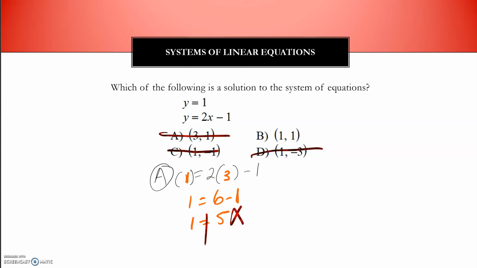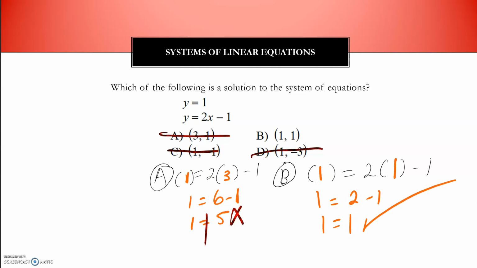Now, I think B is the answer, but I do need to check it. It is possible that they've just not given me the correct answer out of these choices. So I'm going to put 1 in for x and 1 in for y, because the point is (1, 1). 1 equals 2 minus 1, 1 equals 1. That is correct.